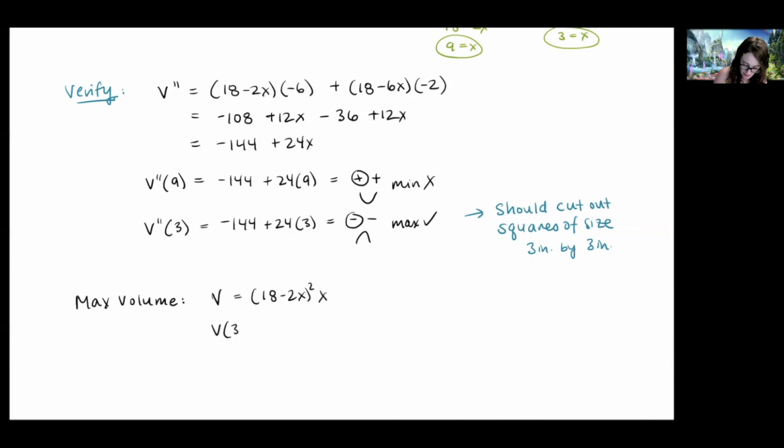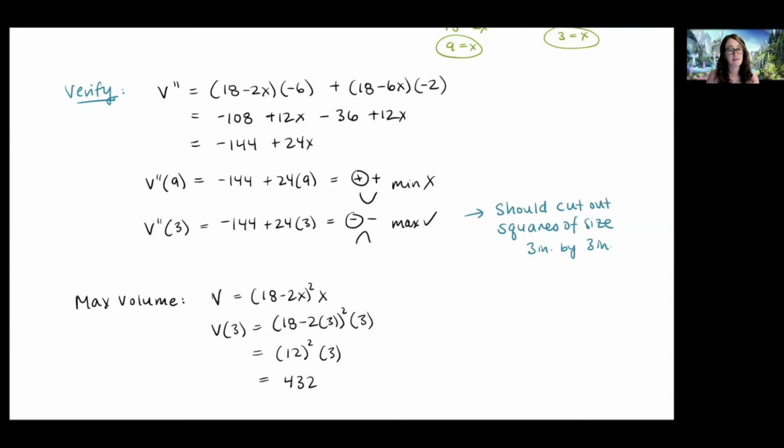So v of 3 will be 18 minus 2 times 3 squared, and all of that times 3. 2 times 3 is 6. 18 minus 6 is 12, so this will be 12 squared times 3. Oh, 12 squared is 144, and then let's multiply that by 3. So 144 times 3 gives us 432.